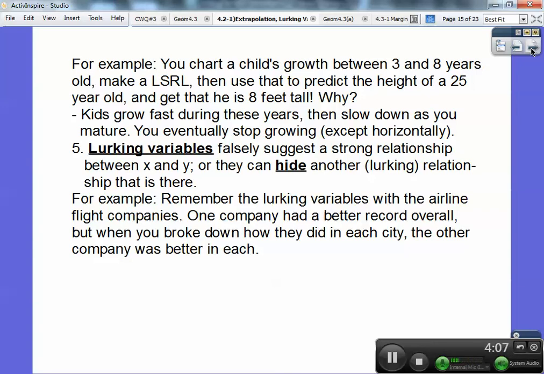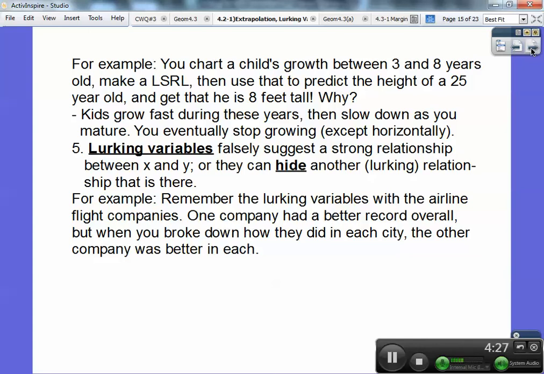Say company A was better overall than company B on flights being delayed or on time. Then when you broke it down between each city, you found out that actually company B was better than company A in every city that they flew from.